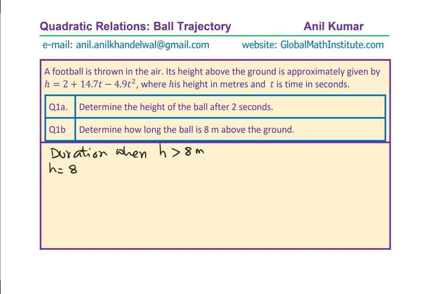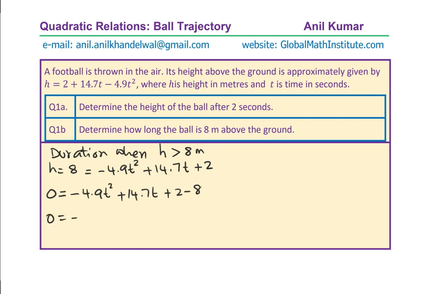So in the equation, I'll write h as 8 and then rewrite the equation, which is 8 equals minus 4.9 t squared plus 14.7 t plus 2. Now, bring h to the right hand side. So it becomes 0, right? So 0 equals minus 4.9 t squared plus 14.7 t plus 2 minus 8.